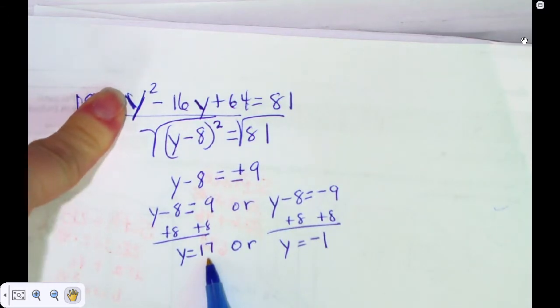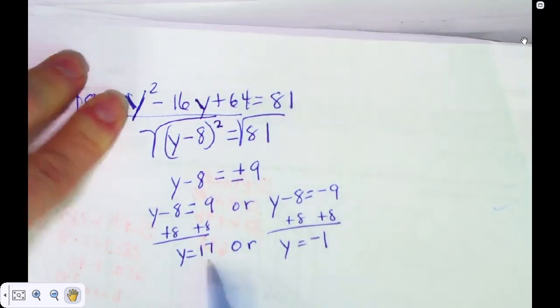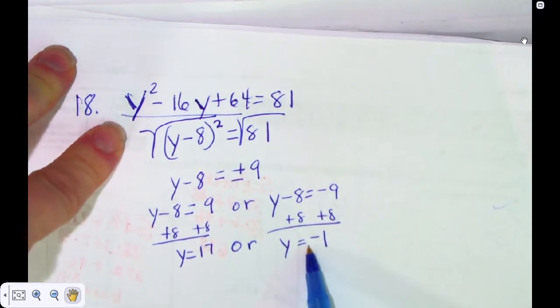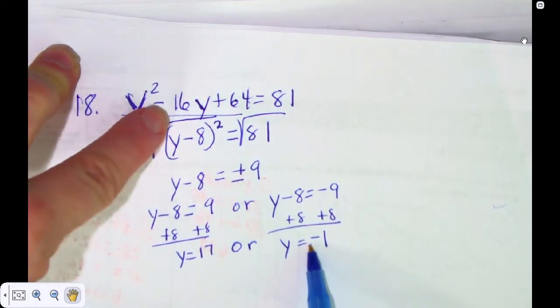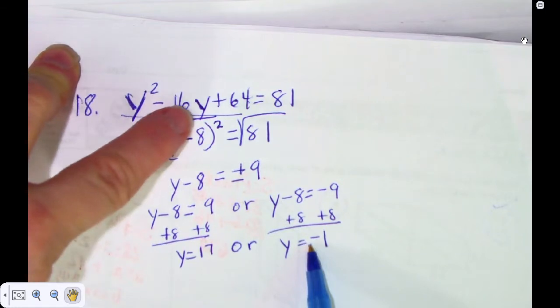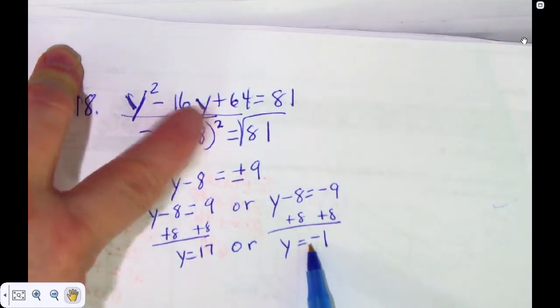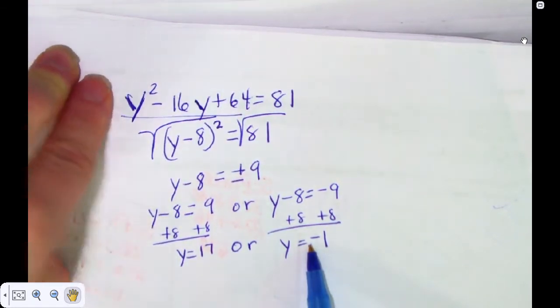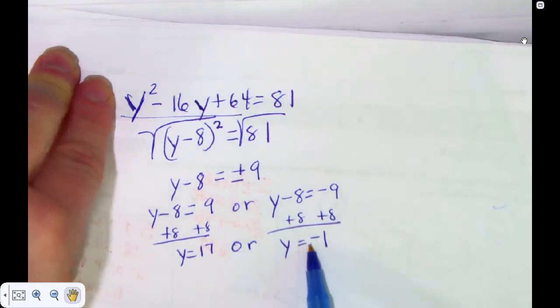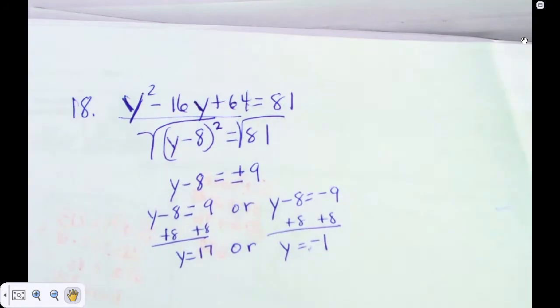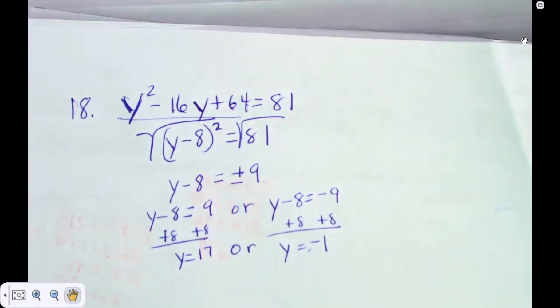What'd you get? 81. Okay, now we're going to go put -1 in, but you got to put it in parentheses. So put -1 in parentheses squared minus 16 times -1 plus 64. What'd you get? 81. So it worked. It worked.